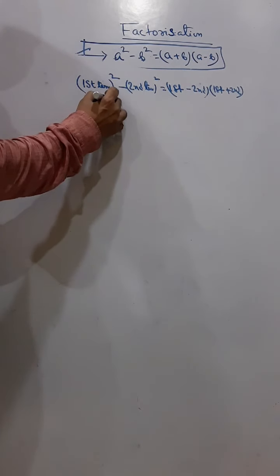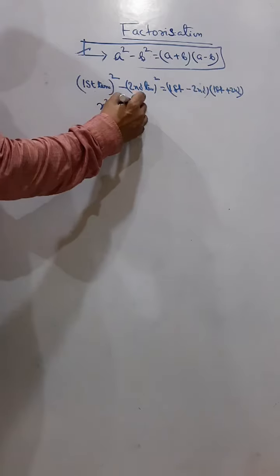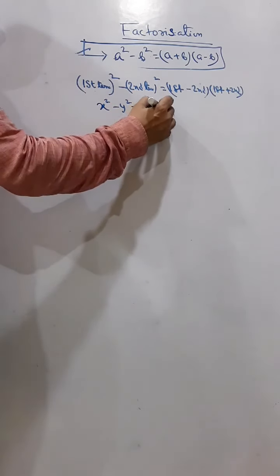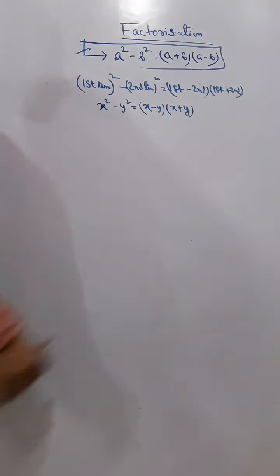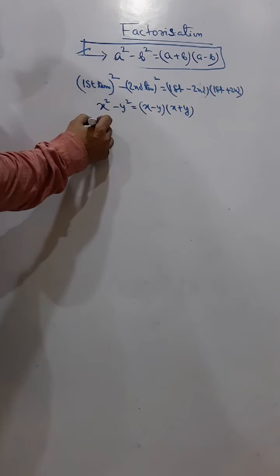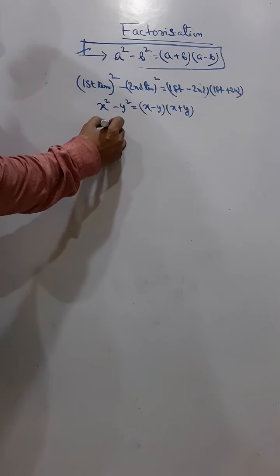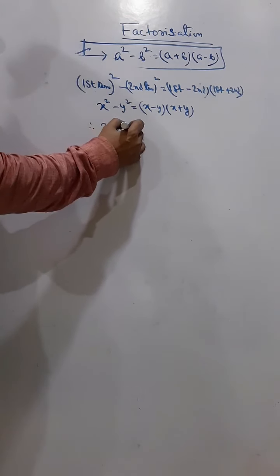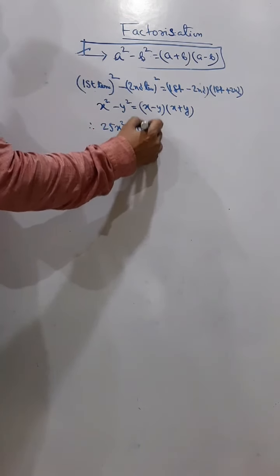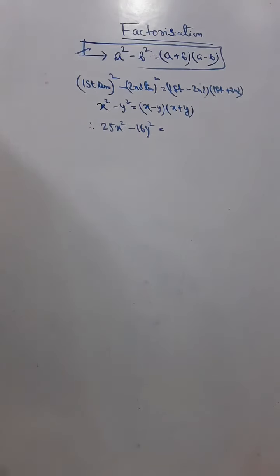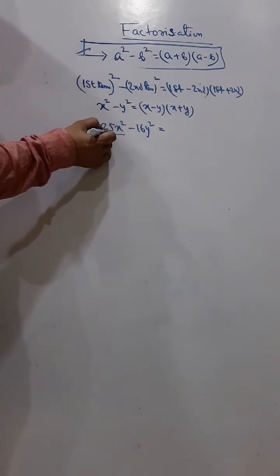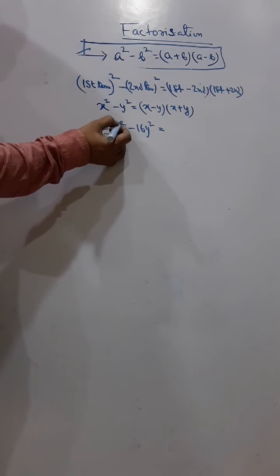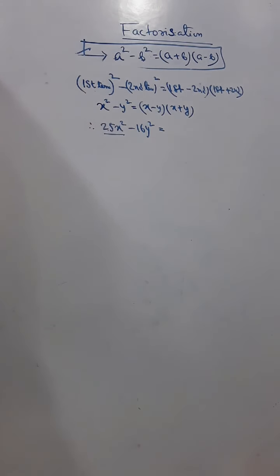That means if it is x square minus y square, that becomes x minus y and x plus y. Now suppose it is given like this, 25x square minus 16y square. Here you can see that the first term is not totally in square. You have x square but 25 is not in the form of square.